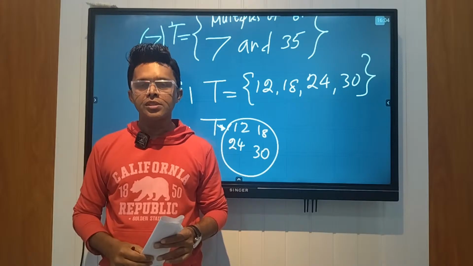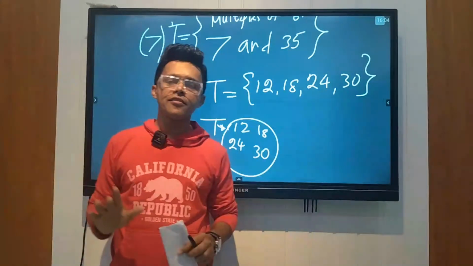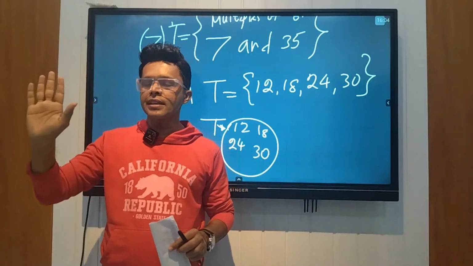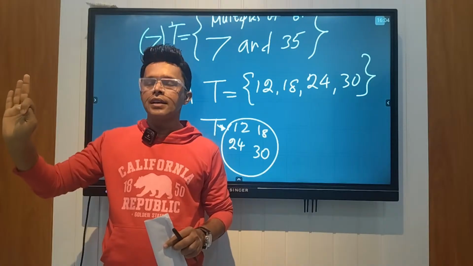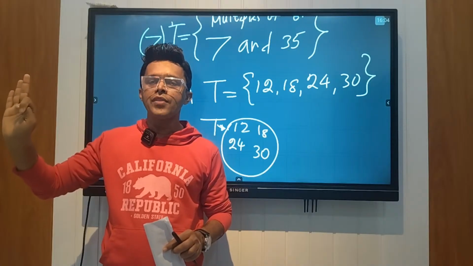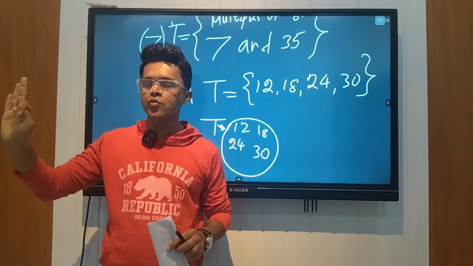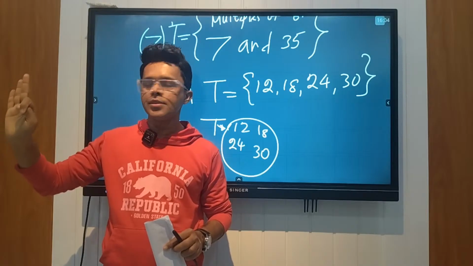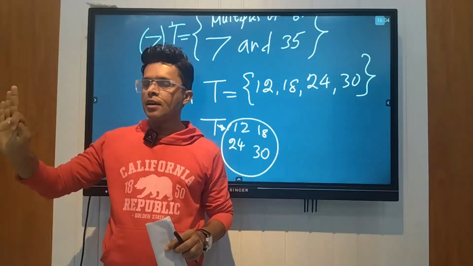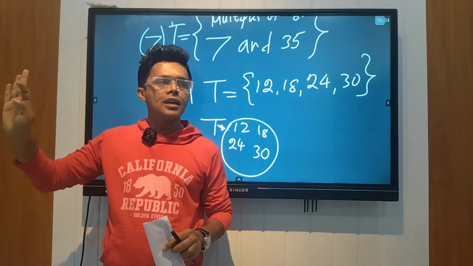There are two ways of writing sets. Considering a common property, sets are written that way. The other way is listing the elements. Don't forget, you need to know these words: by listing the elements, and by stating a common property.